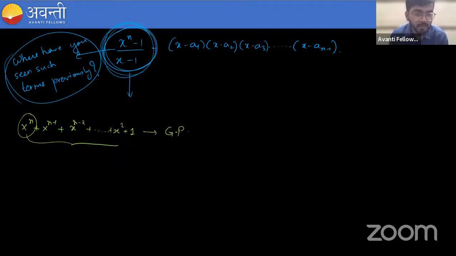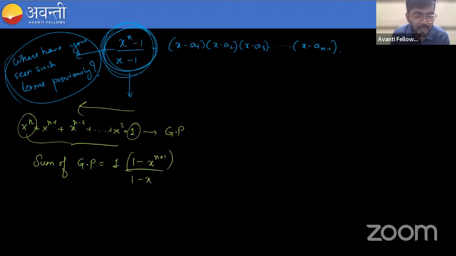First of all, tell me that. What is the formula of sum of GP? Sum of GP is equal to a into 1 minus r power n. So I am saying the first term is 1. I am considering this GP to be reversed.